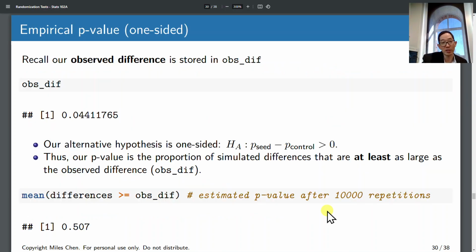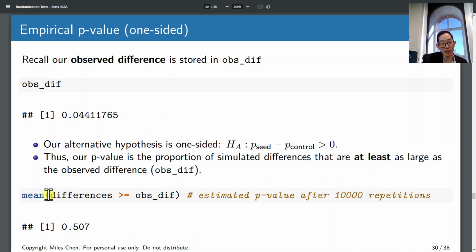We can take a look at trying to get a p-value. So our observed difference is 0.044117647. Our alternative hypothesis is one-sided. We're expecting the seed group proportion to be greater than our control group. So our p-value is going to be the proportion of simulated differences that are at least as large as 0.044 or something greater.